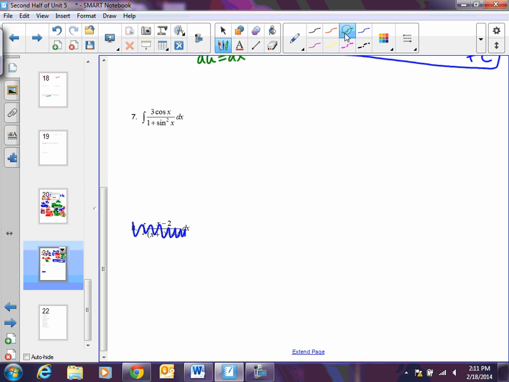So on number 7, this is trig. But let's see, does it fit the model of the integrals that we just learned? It kind of looks like tangent, okay? I'm going to write that down here. Kind of looks like arctan. If this was, what would a equal?